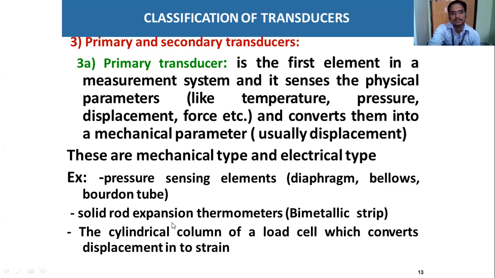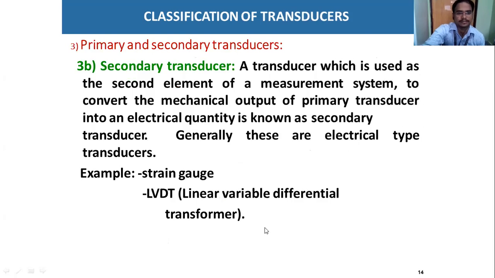Next, solid rod expansion thermometers, bimetallic strips, and the cylindrical column of a load cell, which converts displacement into strain. Now, the secondary transducer is used as the second element of a measurement system to convert the mechanical output of the primary transducer into an electrical quantity.